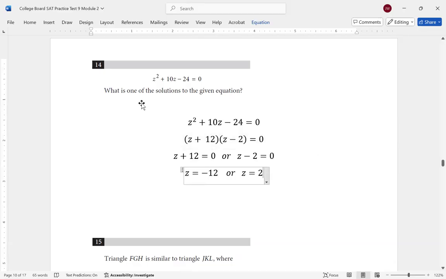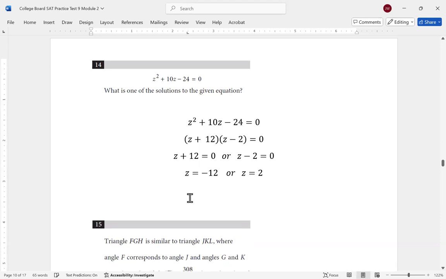Question 14 is just asking for one of the solutions, so you can put either -12 or 2. Either way works because it's only asking for one.